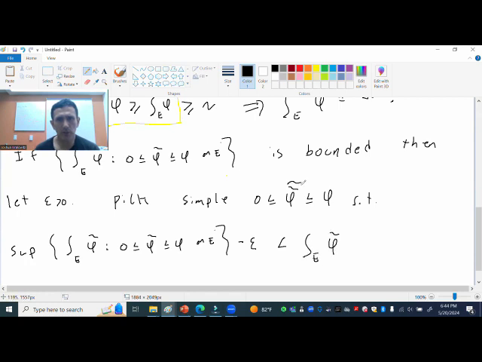Or really, rather than that, I'll use psi here. Basically, I'm saying the sup minus epsilon is not an upper bound. So I can always pick one of these integrals where this is true.